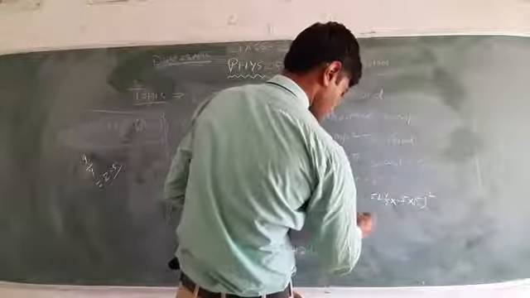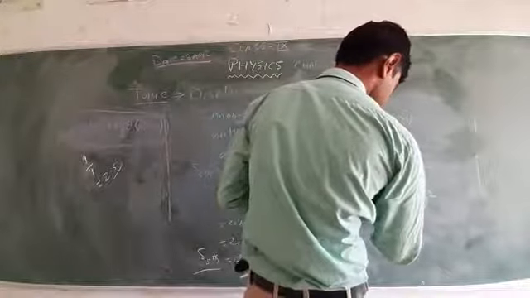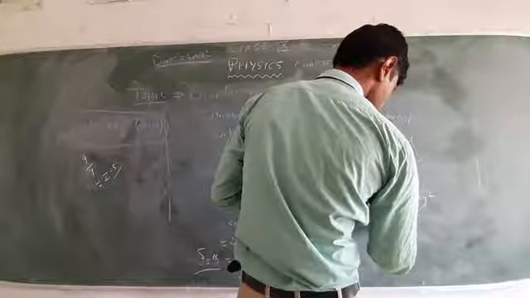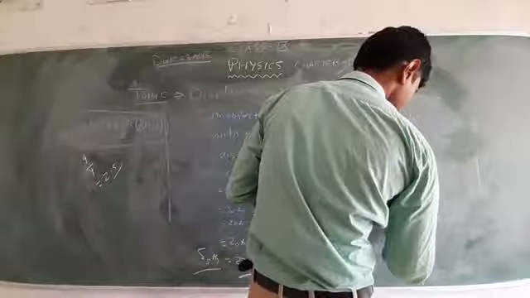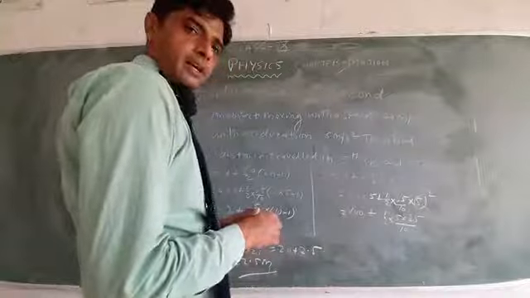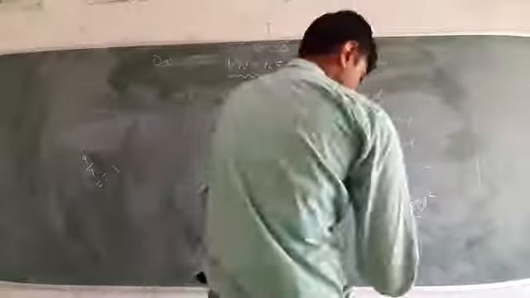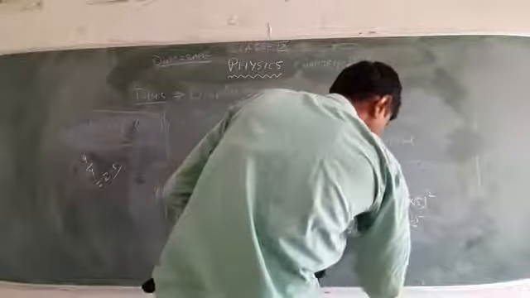So this is 100 plus 1 upon 2 into 0.5 into 25.